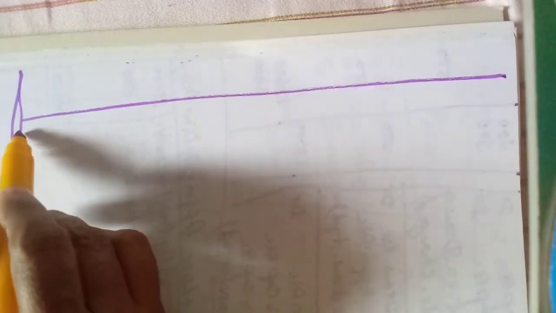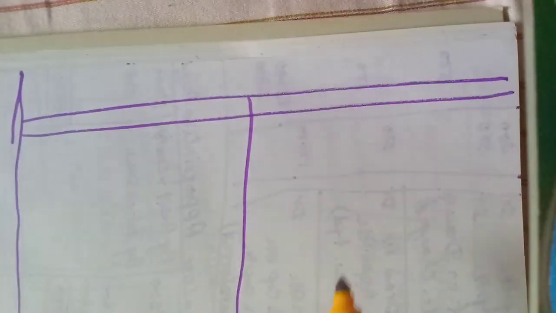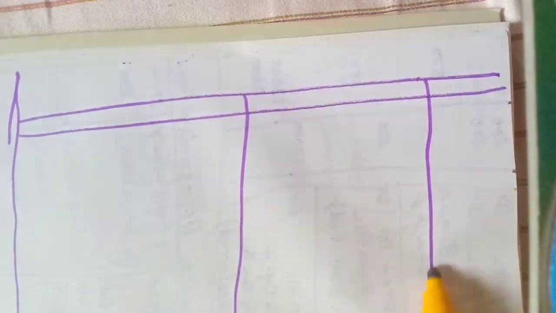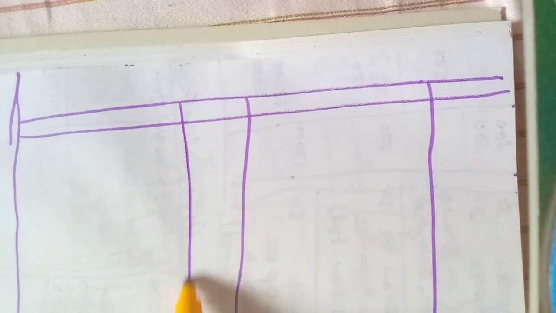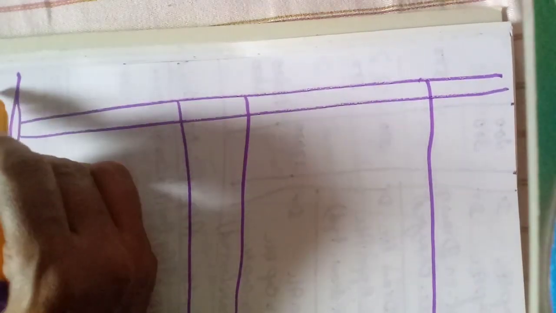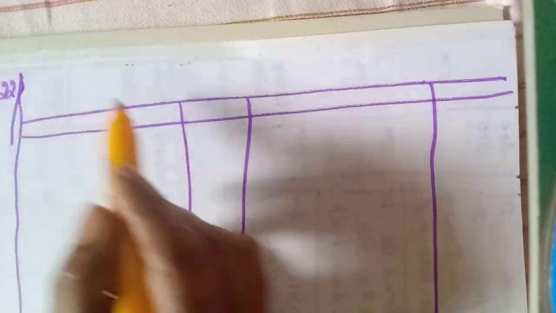Here we need to write the heading, then the particulars. Divide into 2 pages we have to use. First write the number, 22.